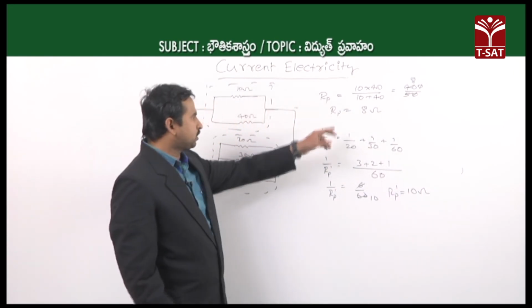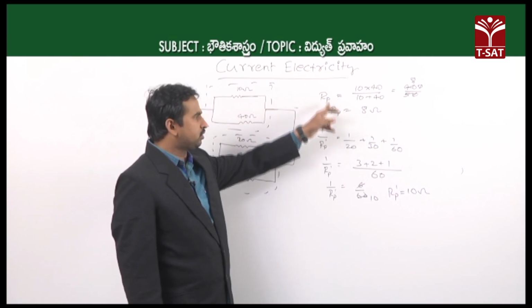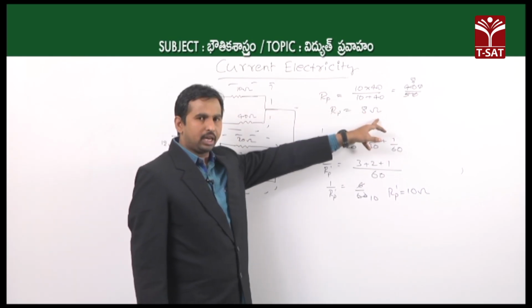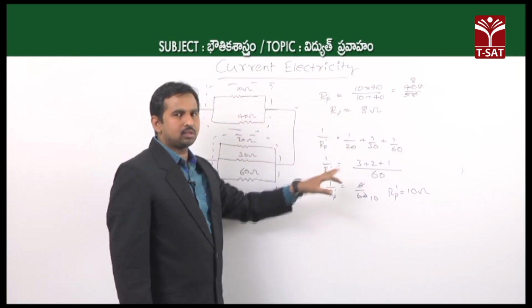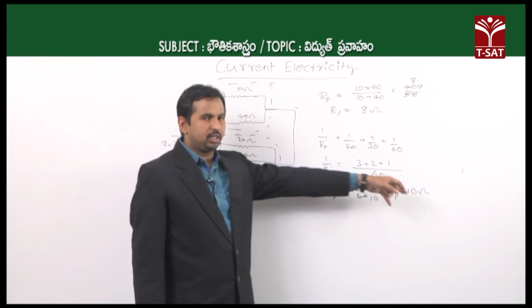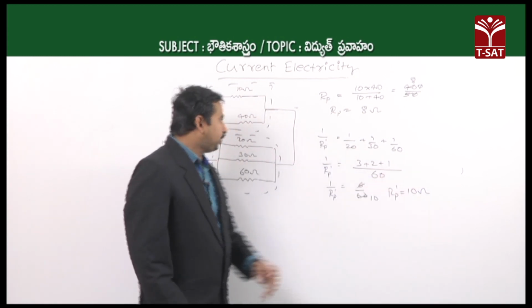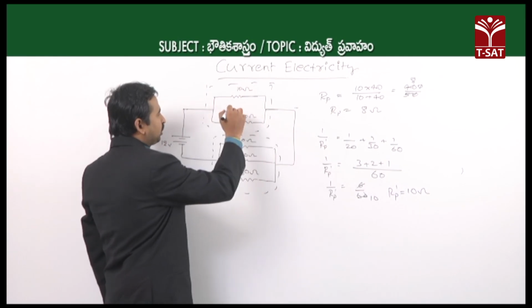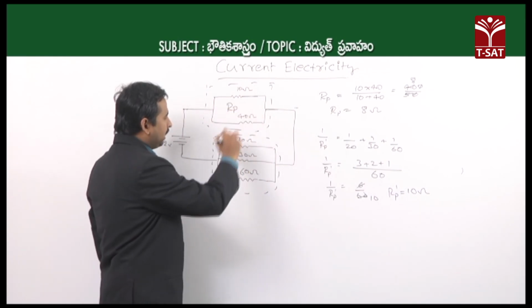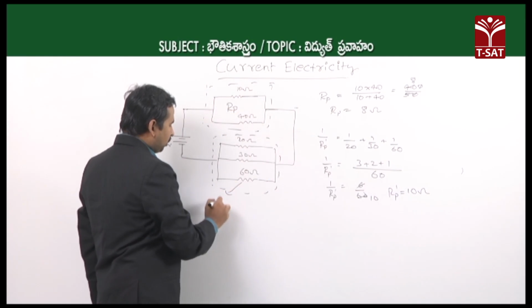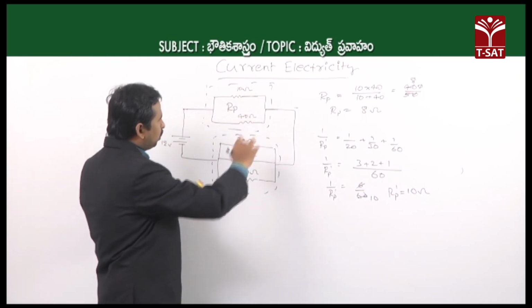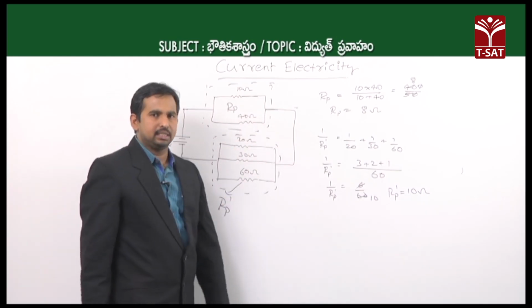So for the first case, when 2 resistors are in parallel, we get 8 ohms. When 3 resistors are connected in parallel, we get 10 ohms. But if you observe, this parallel connection Rp and the second parallel connection Rp dash are connected in series.